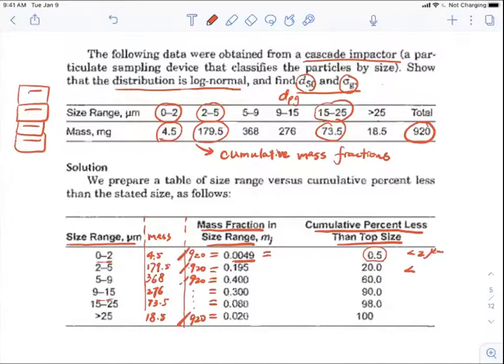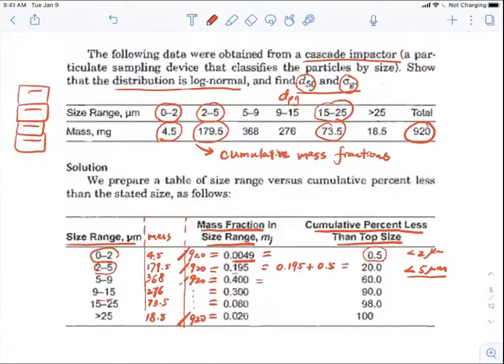And if we talk about below 5 micrometer, then we have to add this 0.195 with the 0.005, because 0.195 is just everything between 2 and 5. In order to calculate below 5 micron, we need to also consider this range here. And this is 20%.